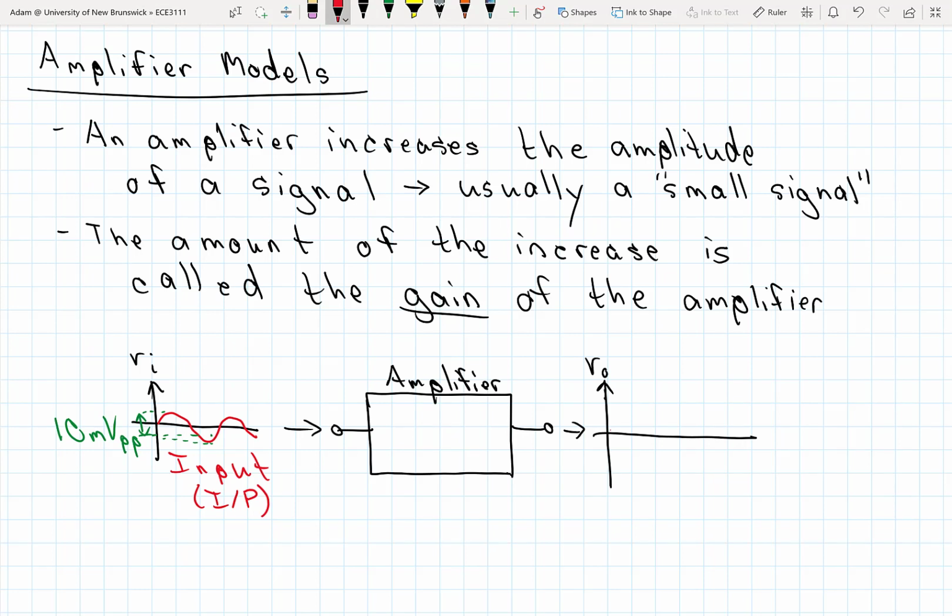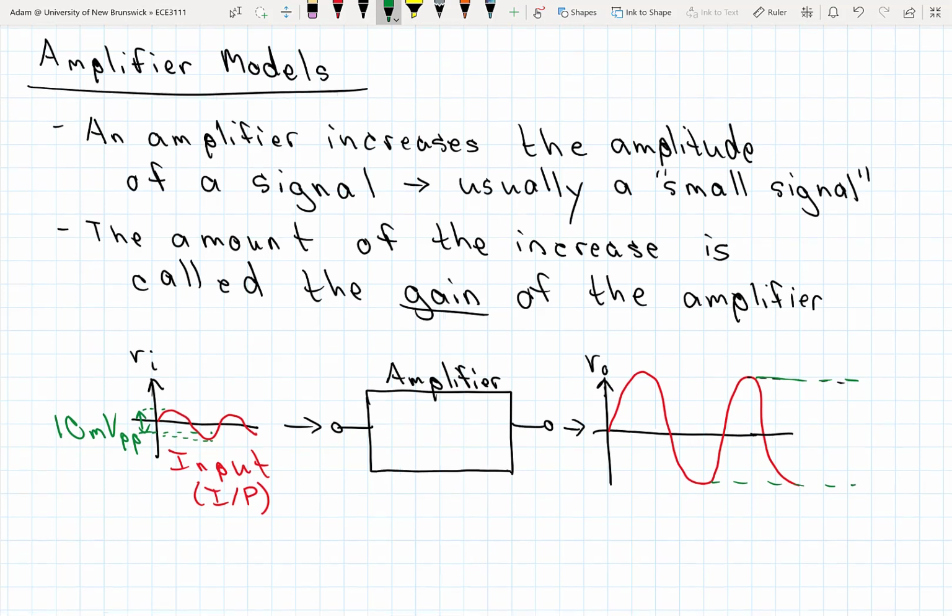And maybe this signal that comes out, and excuse me for not being to scale here, but let's pretend at least that this signal coming out here has a peak-to-peak amplitude of 100 millivolts.